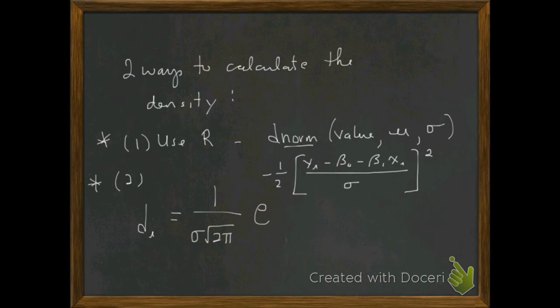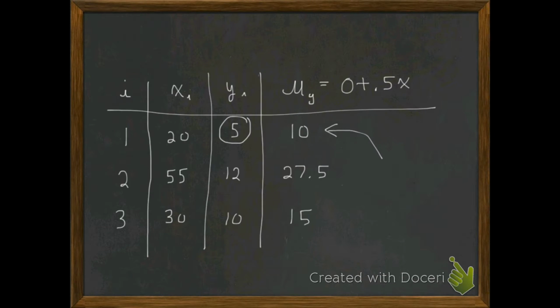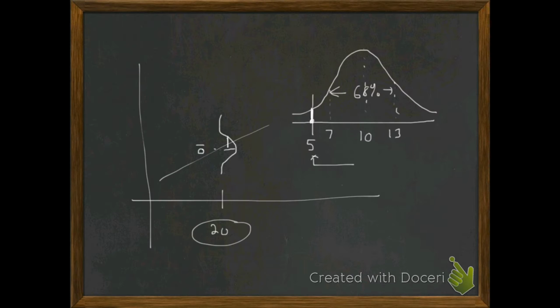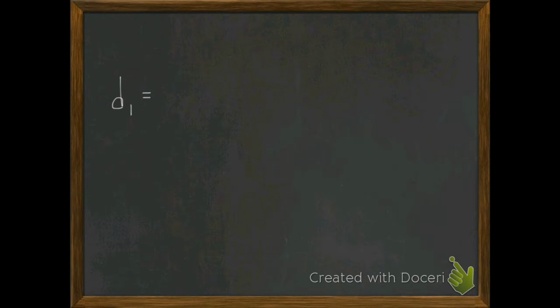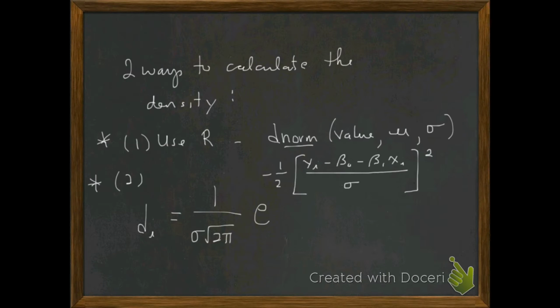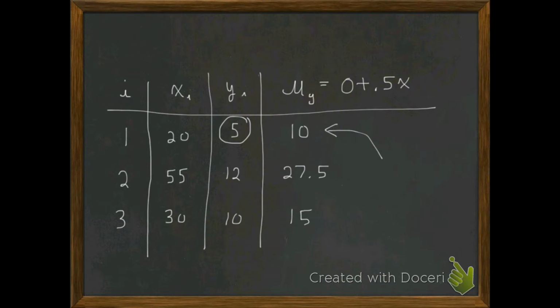So guys, the density for the first observation, which is 25, can be calculated by taking my y value at that level, which was 5.